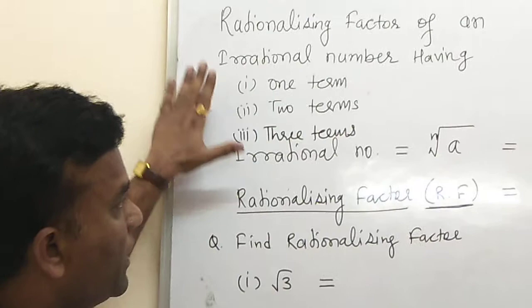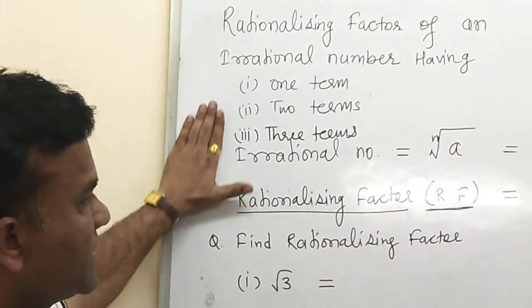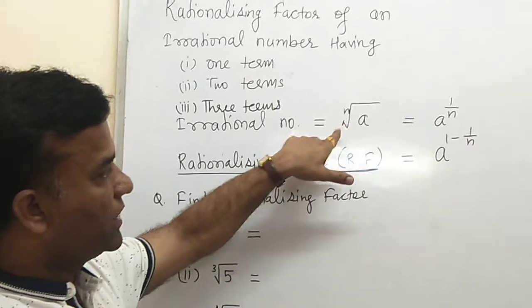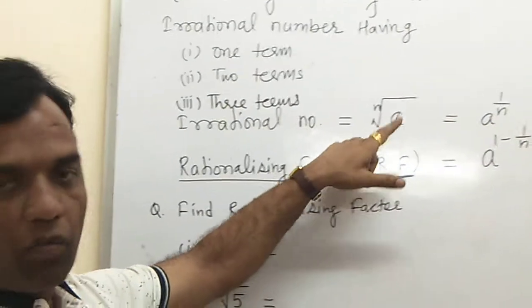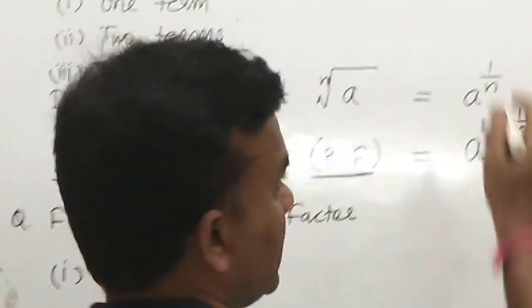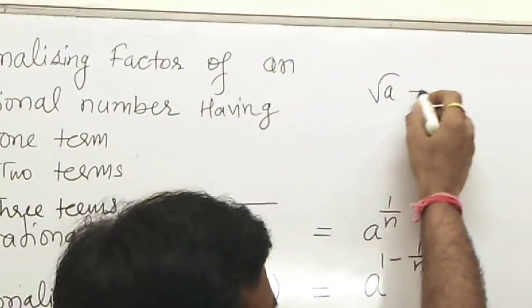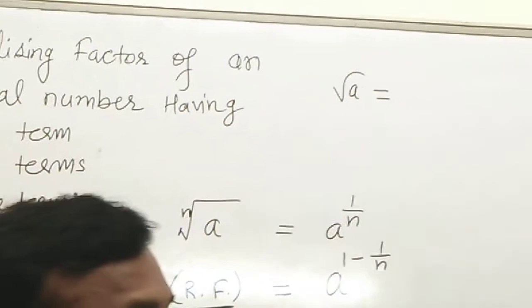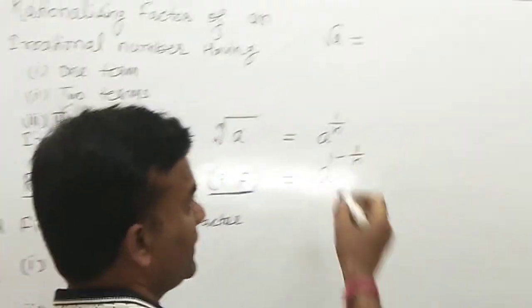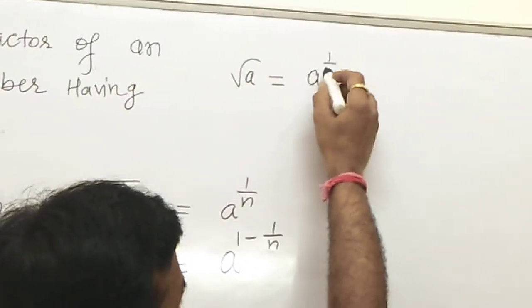So now we explain the irrational numbers. Here we consider an irrational number like the nth root of a. What do we mean by the nth root? Suppose we say square root of a; that is the symbolic form of the square root. Now we convert it into exponential form, then it is a to the power 1 by 2.